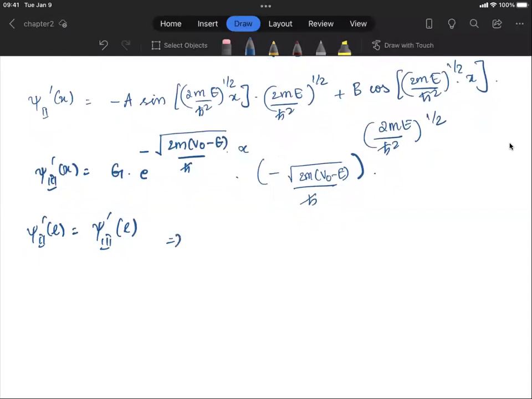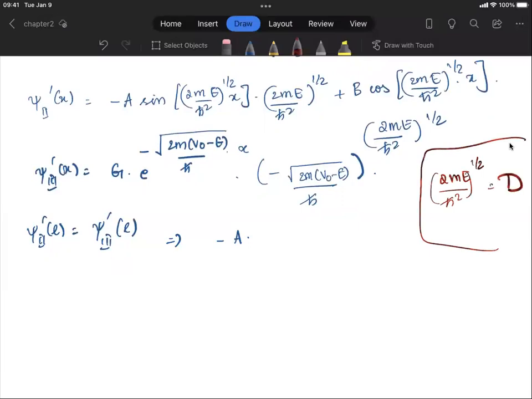So that will give us minus a times, let me actually do this. I am going to call 2me over h bar squared to the power half to be equal to, I don't know, it's really hard.